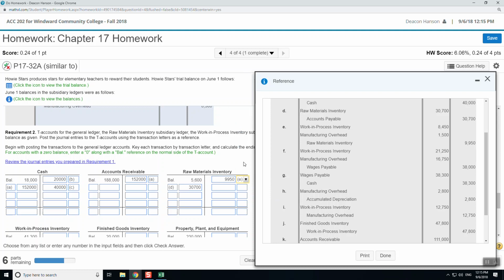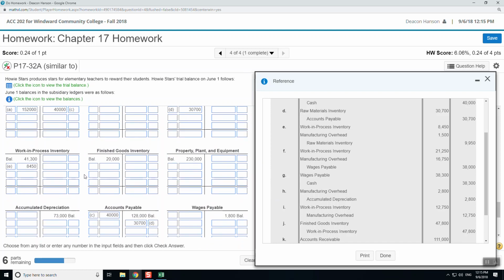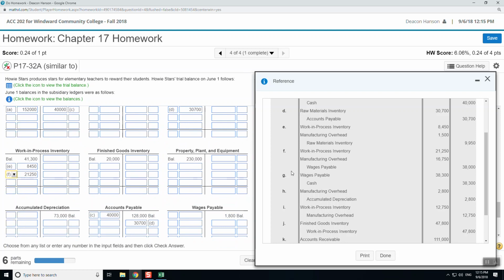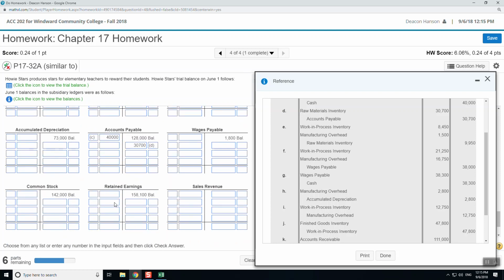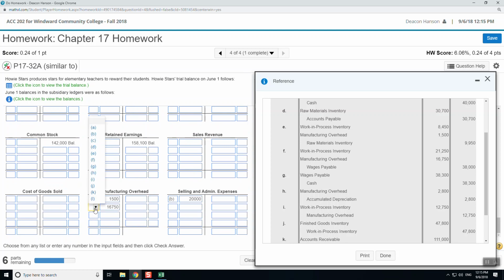Okay, now we're on F. And we got work in process again. Manufacturing overhead, 16,007. And wages payable, 38,000.